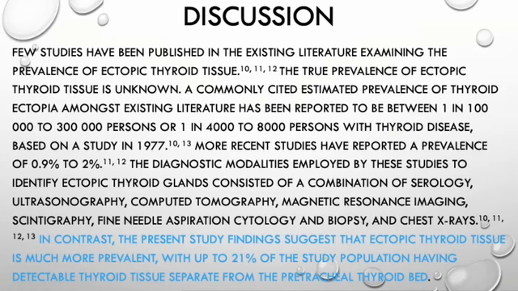However, our study suggests that ectopic thyroid tissue is much more common than previously thought, with up to 21% of the study population having detectable thyroid tissue separate from the pretracheal thyroid bed.